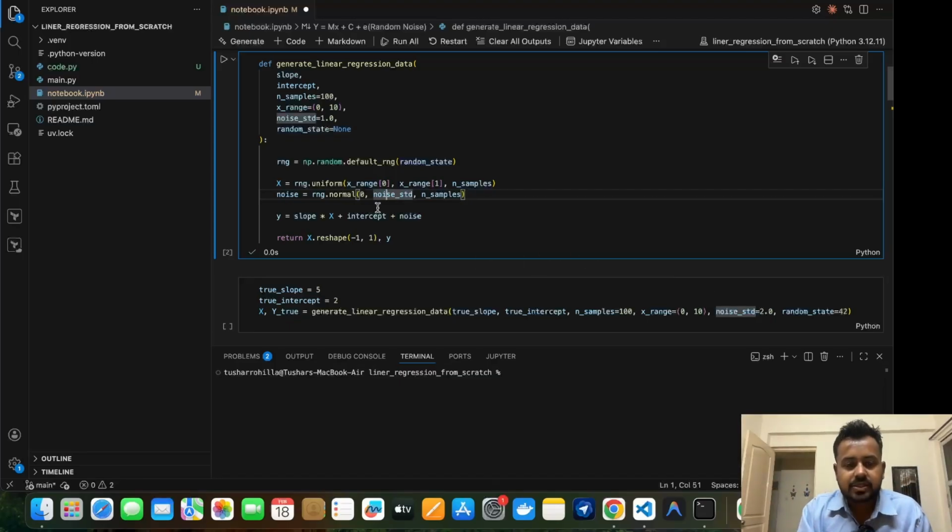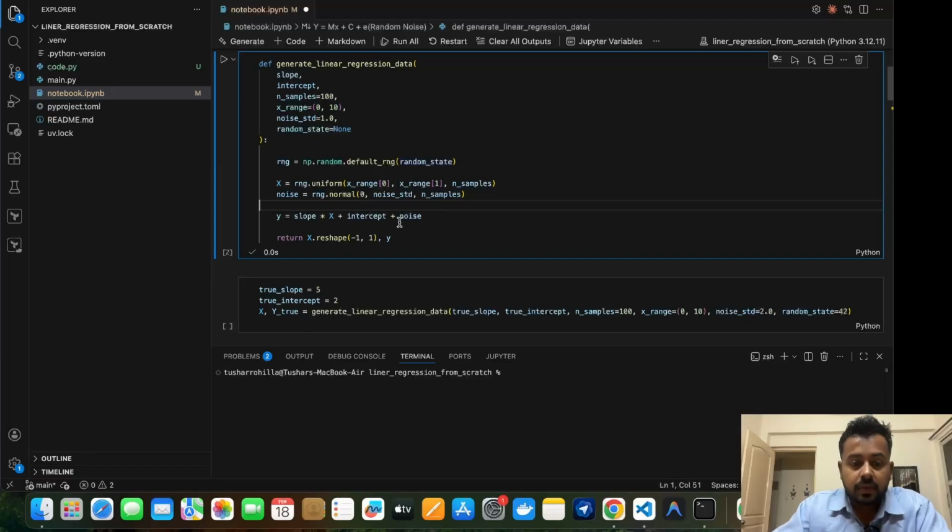In the case of x, random values come within the range of -10 to +10. X will be varying like this, and noise will be varying with a much smaller standard deviation. We find y by applying the equation y equals mx plus c, and then we add noise, so that we get data to simulate the regression.